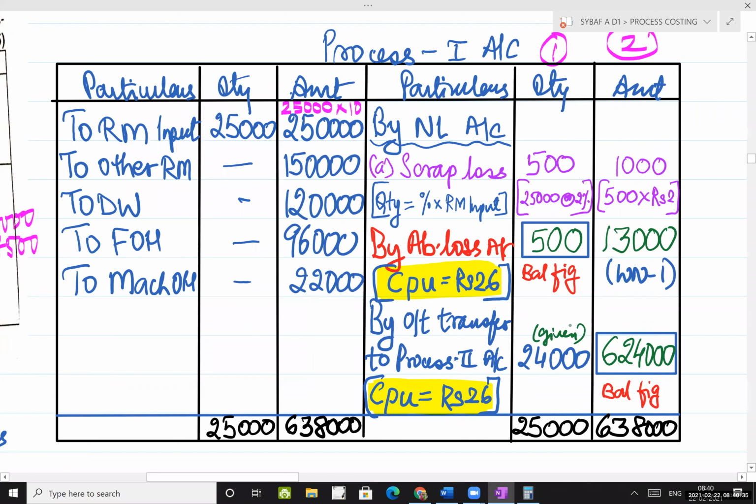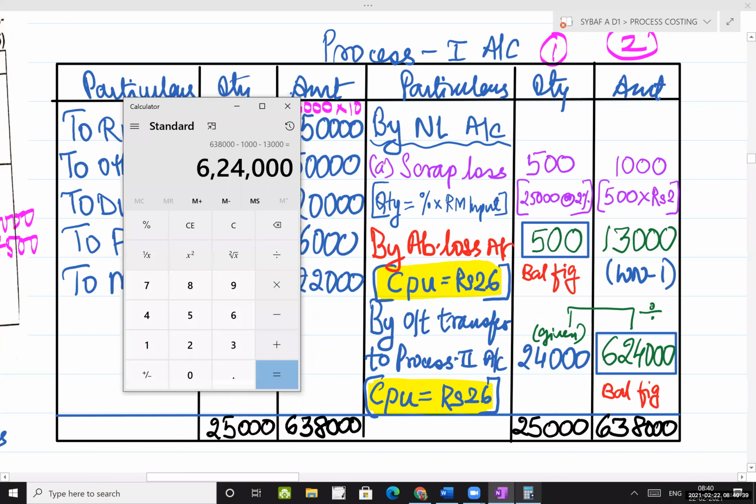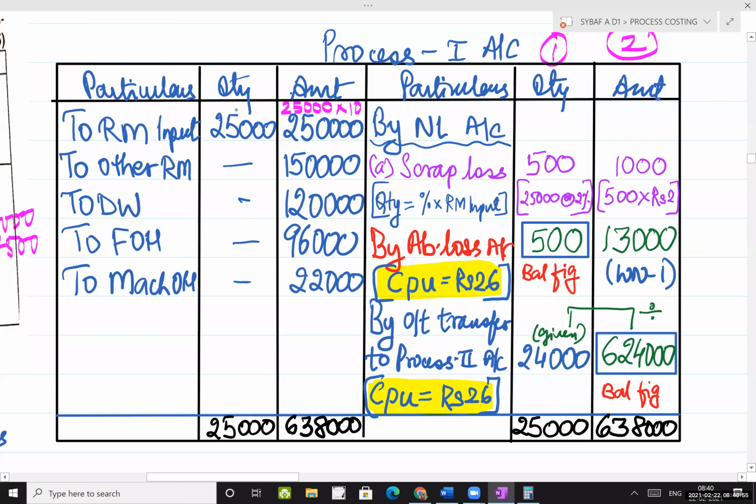Okay. ये दोनों को डिवाइड करो. 6,24,000 divided by 24,000. See, my answer has to be 26. Okay, the cost price of abnormal loss and output has to tally. Is this clear to everyone? यहाँ तक समझ में आया? Acknowledge it in the chat box.